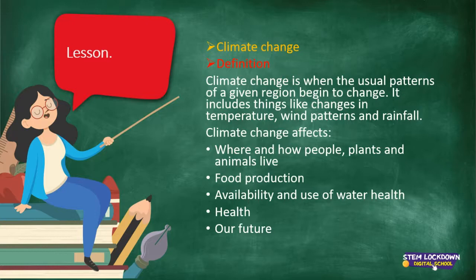So climate change also affects food production. The best example to use is with farmers. There are different crops and they grow seasonally. There are crops that do better in rainy seasons, and there are crops that can resist heat and dryness.